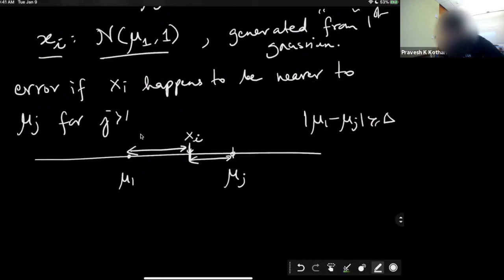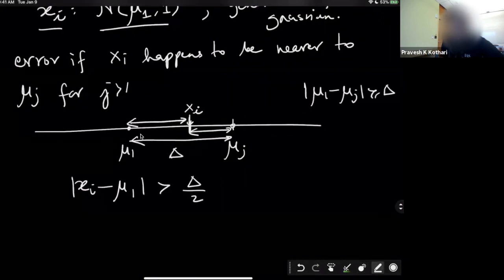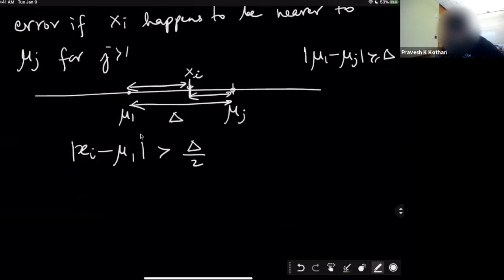So let's say this distance is exactly delta. In that case, I assign xi to mu sub j if xi minus mu1 happens to be bigger than delta by 2. That's the only situation when I would be nearer to mu sub j than mu sub 1.